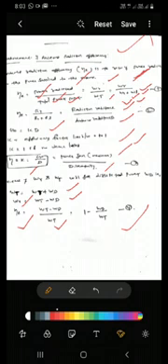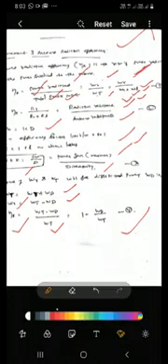Out of these 4, how do we set up an experiment to measure this radiation efficiency? See the first equation: it is the ratio of power radiated divided by total power input. So you can measure the power radiated and the total power directly. This is the transmitting antenna, and this is the receiving antenna.